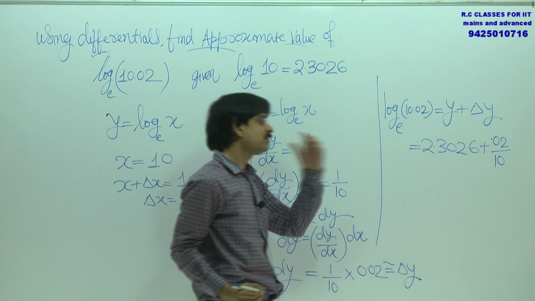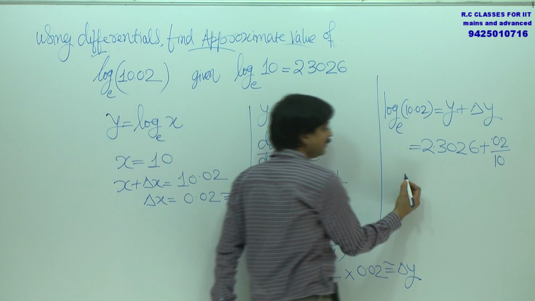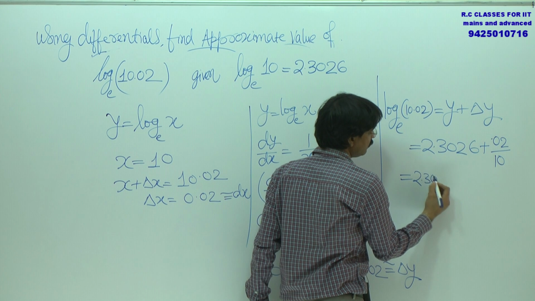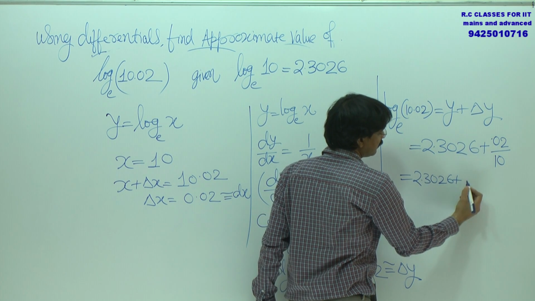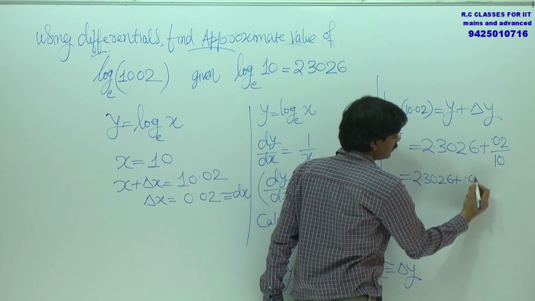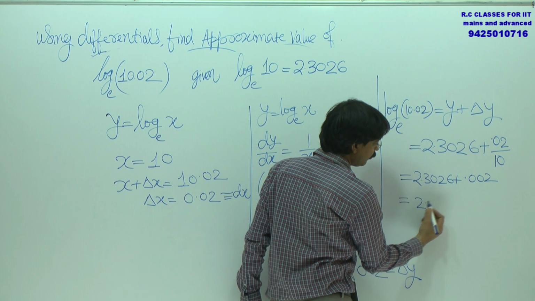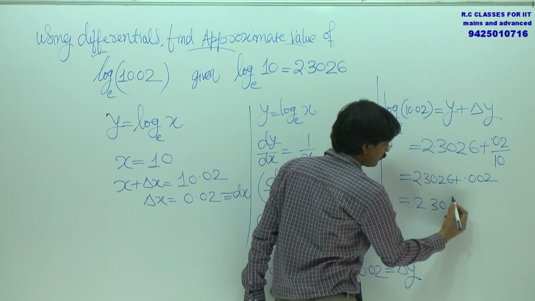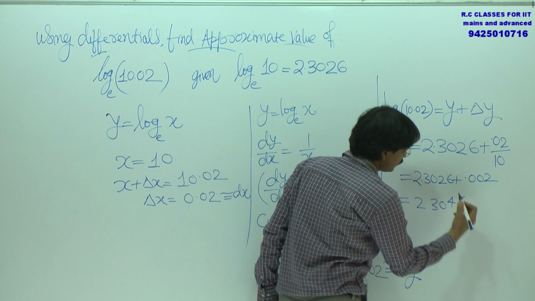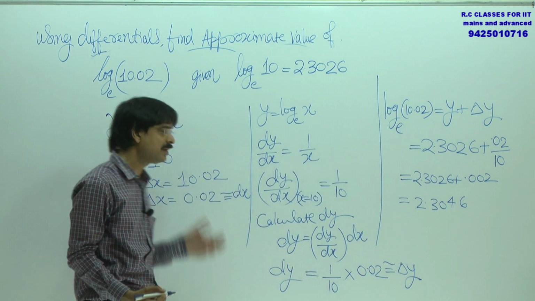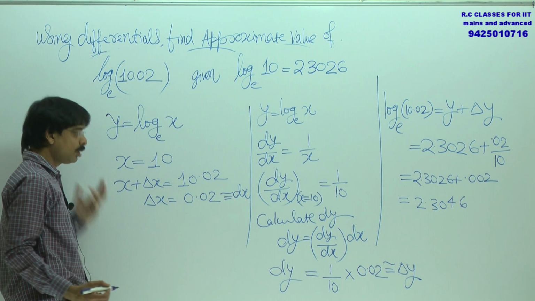So when you calculate this, you are going to get the result. It is 2.3026 plus 0.002, so it will be 2.3046. That's the approximate value. The same procedure remains whether it's a logarithmic function.